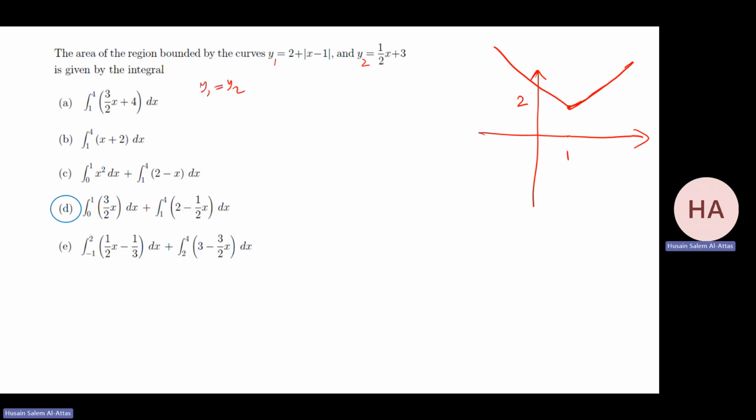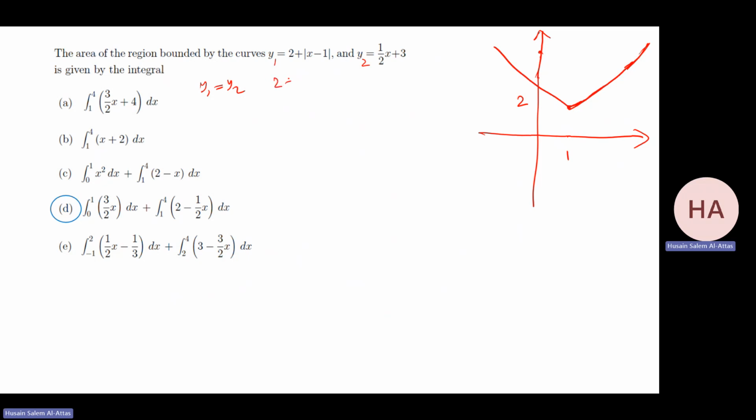How to do this? Okay. Yeah, this is 1. So at x equals 0, y equal to 3. And the line will do something like this. Okay, let me find the point of intersection.